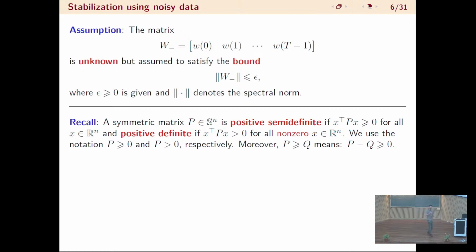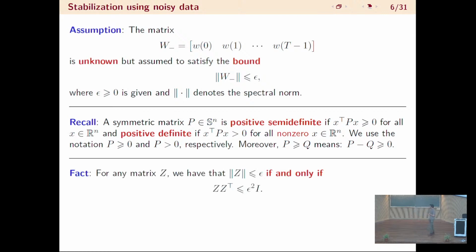And similarly, you can define these notions for negative semi-definite matrices and negative definite matrices. So a matrix will be negative semi-definite if x transpose Px is less than or equal to 0 for all vectors x. Right? So, well, what's the point? Well, there's this nice if and only if condition for the norm of a matrix Z to be less than or equal to epsilon.